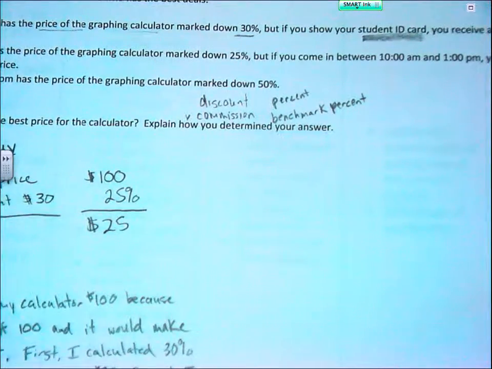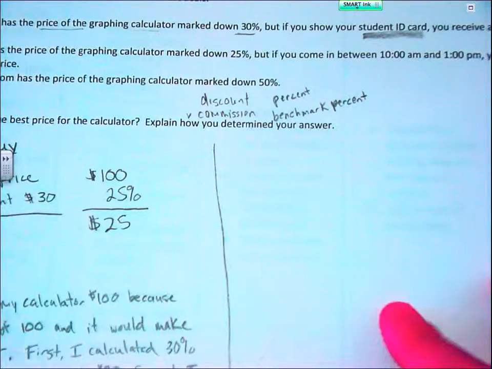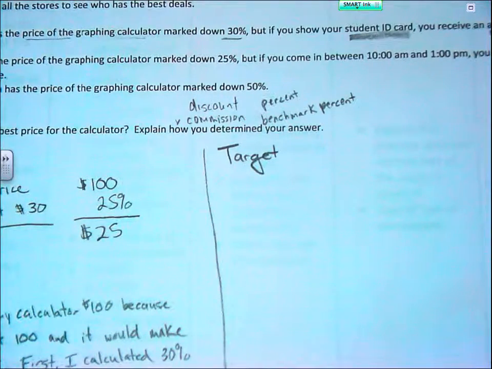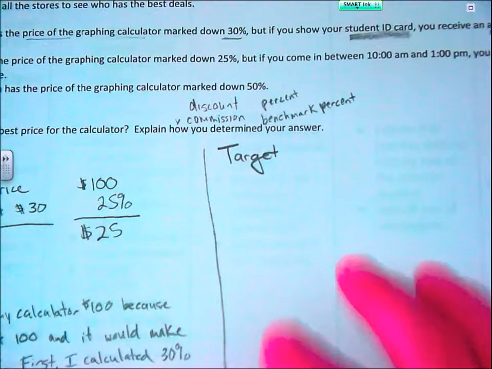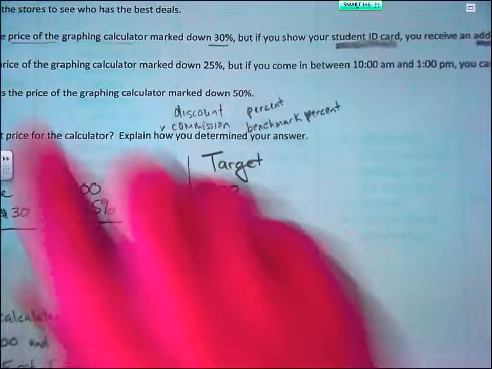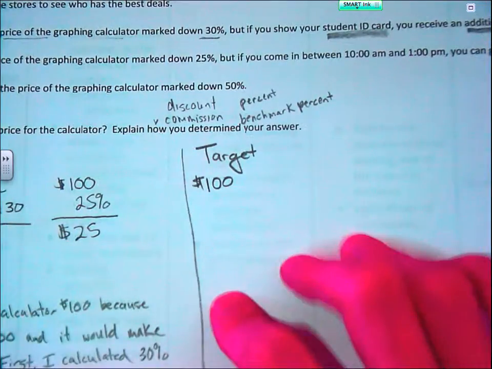Now, the next thing I would do is I would go in and I would do the same thing for Target. And so I'm going to say that the original price is going to be $100. It says that the price of the graphing calculator was marked down 25%.